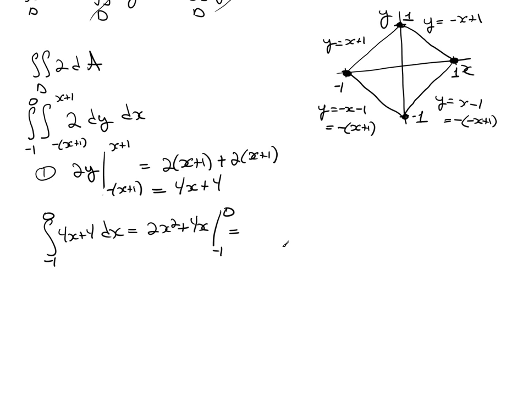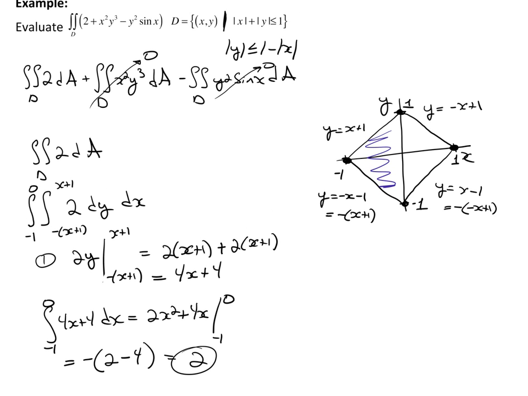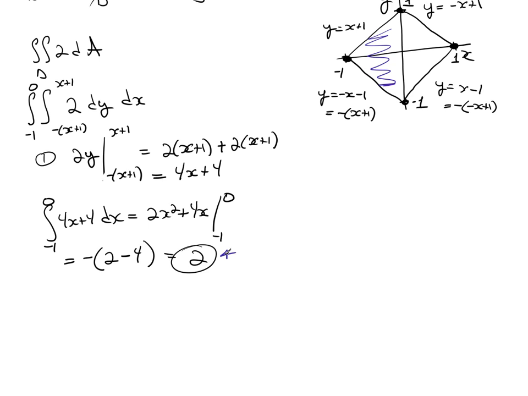So that is going to give me 0 minus 2 minus 4, which is -2 plus 4. That's just going to give me 2. So this first region right here that reaches up to this surface will give me a volume of 2.